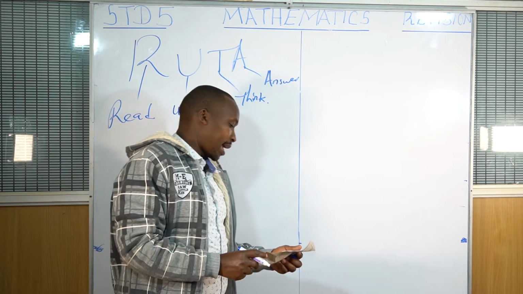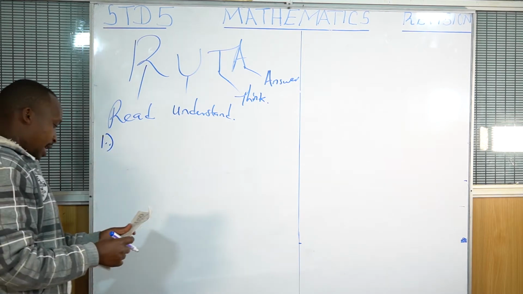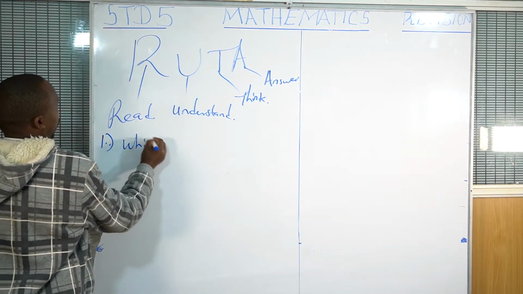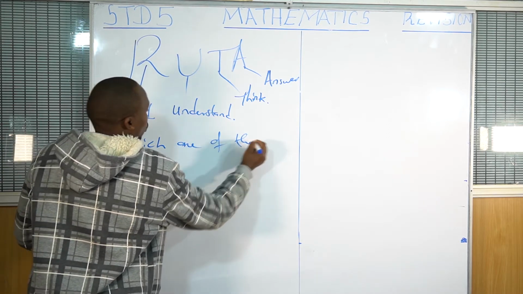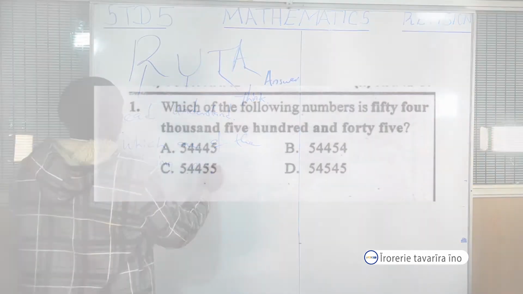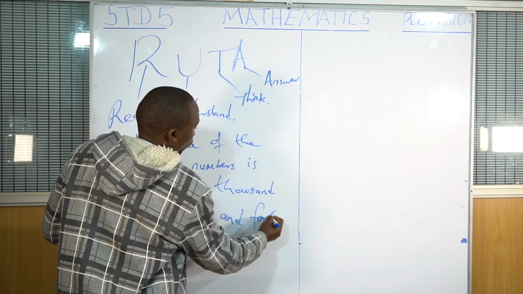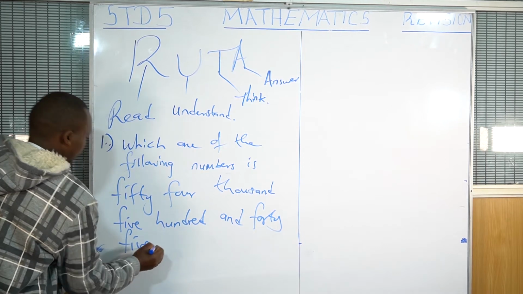So now we are going to go direct to our revision for today. That is number 1, class 5s. Number 1, which one of the following numbers is 54,545?